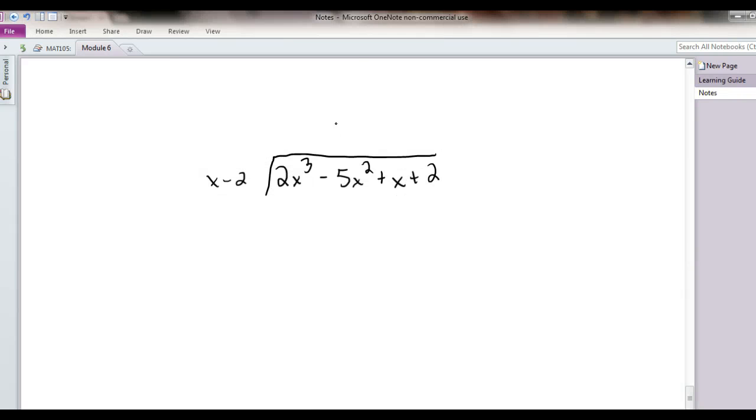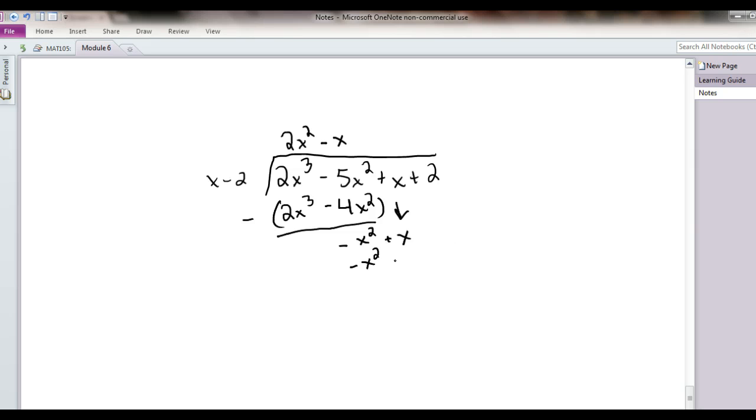Okay, so let's get back to division. So we do 2x squared on top. We multiply, we'll have 2x cubed minus 4x squared. And then we subtract. So this will give us minus 5x squared plus 4x squared, which is minus x squared. Bring down the x. That'll go in minus x times x is minus x squared.